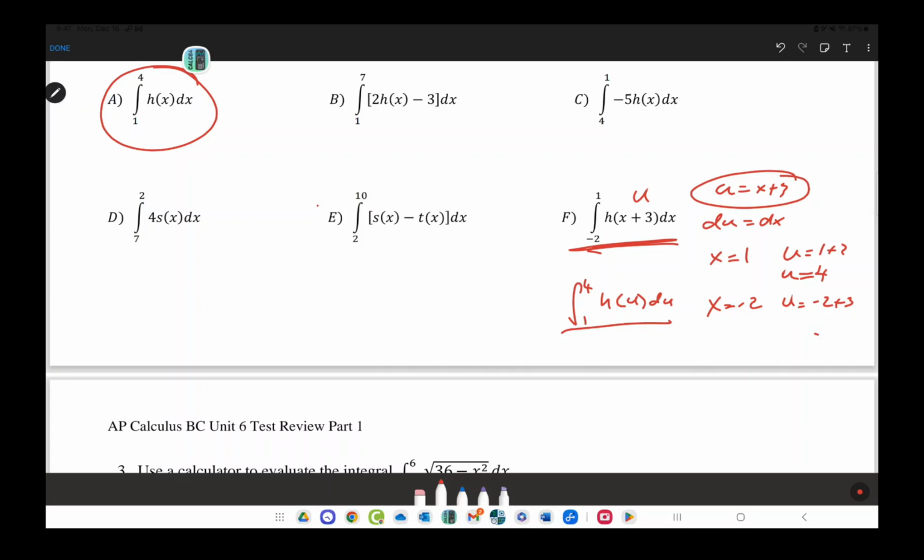It's the same process as A. We just wrote 7 because we already had it done.